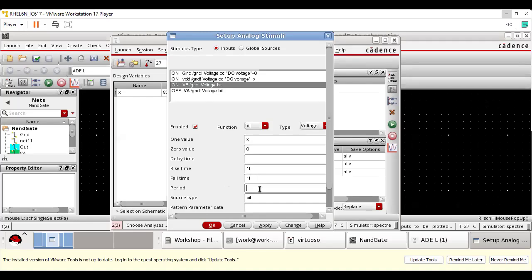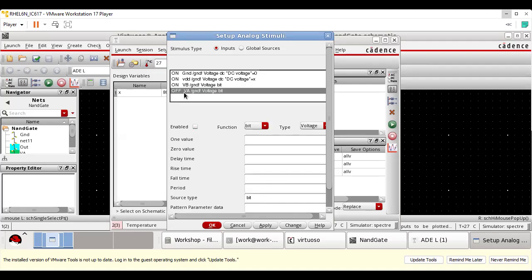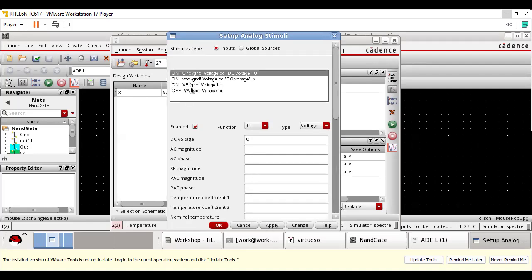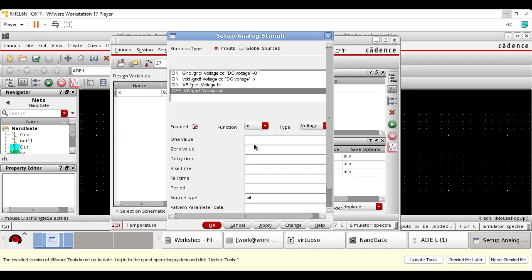And the period, see, for how much time a 0 will remain 0? 20 nanoseconds. Apply. Similarly, VA. Sorry, what is the pattern of bits? 0, 0, 1, 1. Apply.